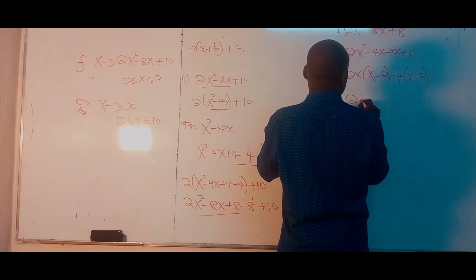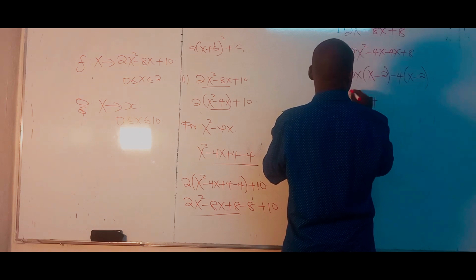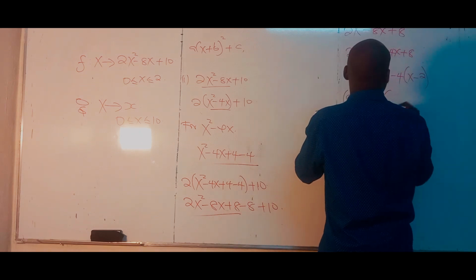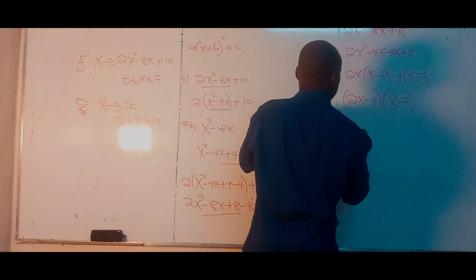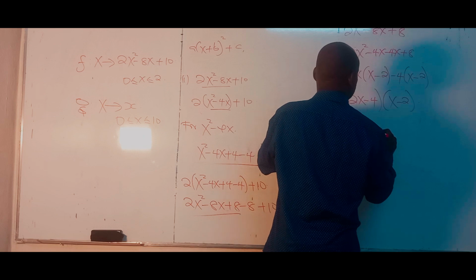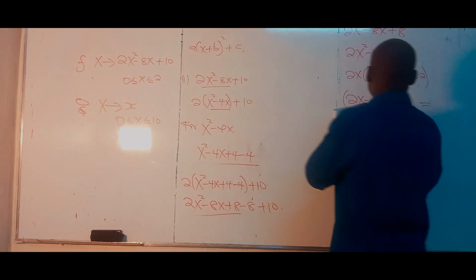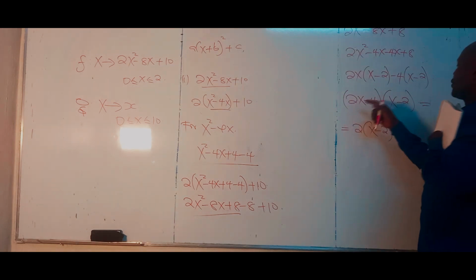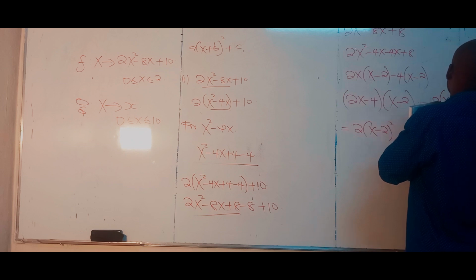That means that I have 2x minus 4 into x minus 2. And that's like saying 2 into x minus 2 squared. Since this, if I factorize 2 here, I'll be having 2 into x minus 2 times x minus 2.